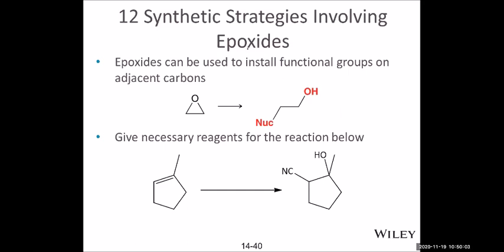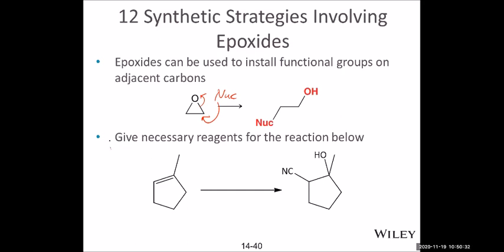So for example, from the epoxide, attack by the nucleophile will give us a substituted alcohol. And so that's basically how we would do that in synthesis. So that's how that reaction takes place.